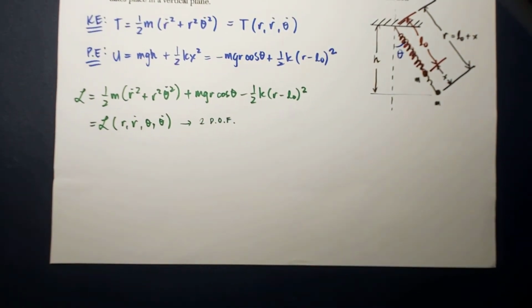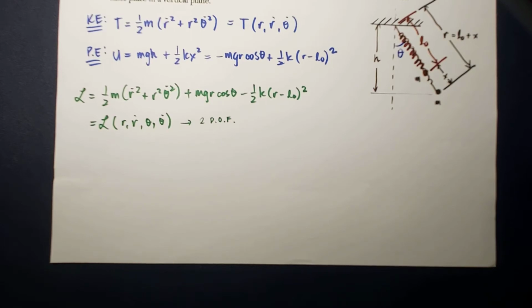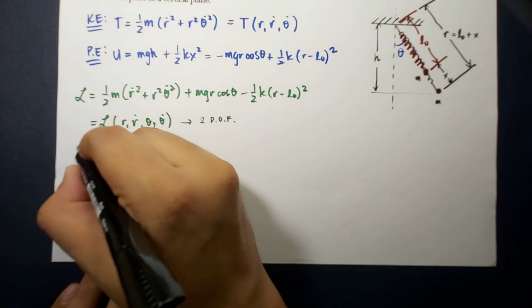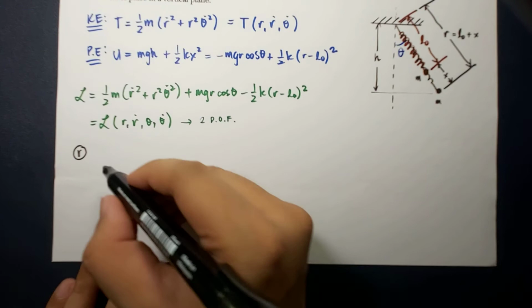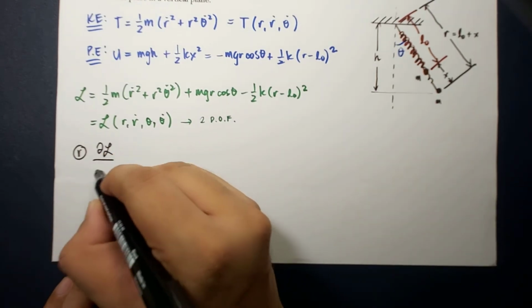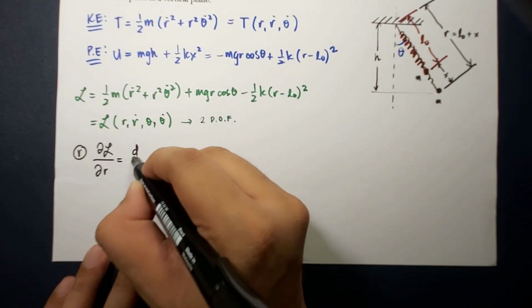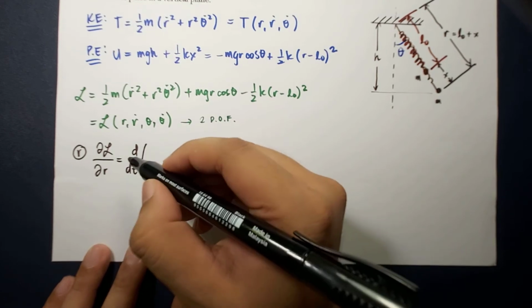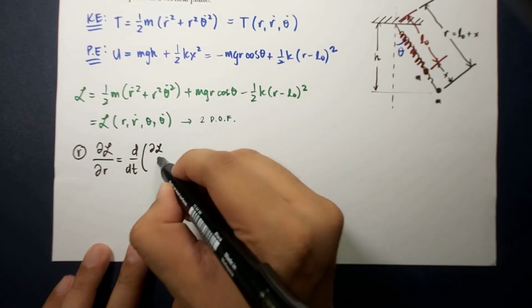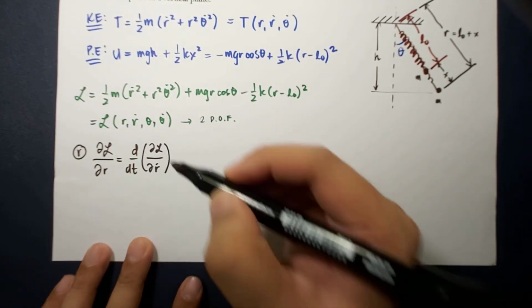Now, using the Euler-Lagrange equation for r, the Euler-Lagrange equation will be the partial derivative of L with respect to r, and this is equal to the total derivative with respect to time of the partial derivative of L with respect to r dot.